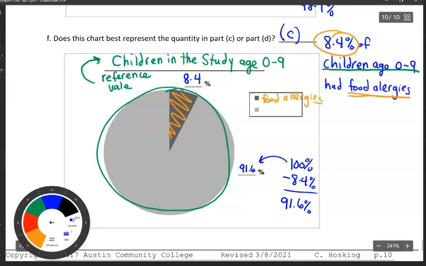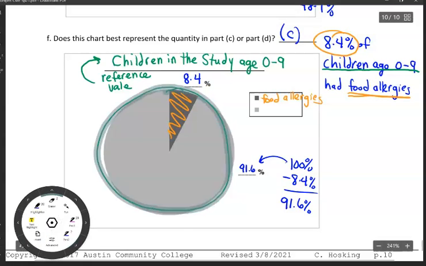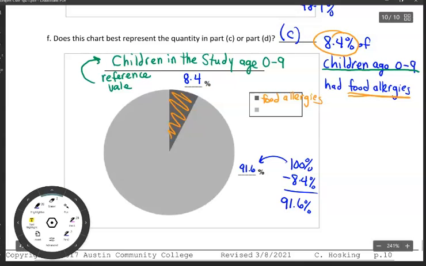So by default, the kids not in that shaded region are not going to have the food allergies. So down here, that's how I'm going to label that lighter shaded region: no food allergies.